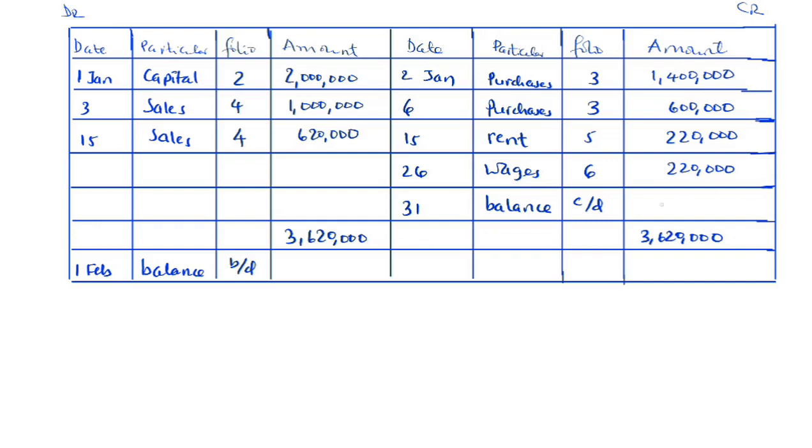Okay, so here our balance carried down figure is going to be 1,180,000, and this is going to be the same value on the following period as balance brought down, 1,180,000, and this is our cash book.